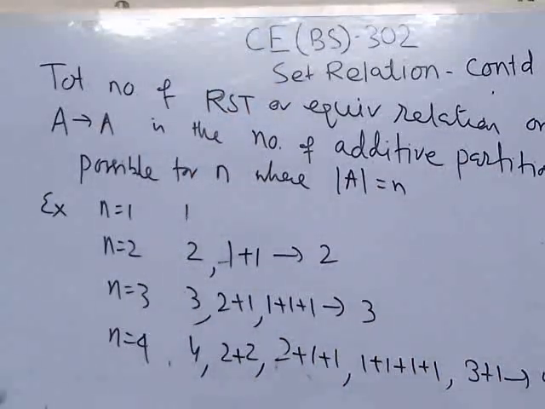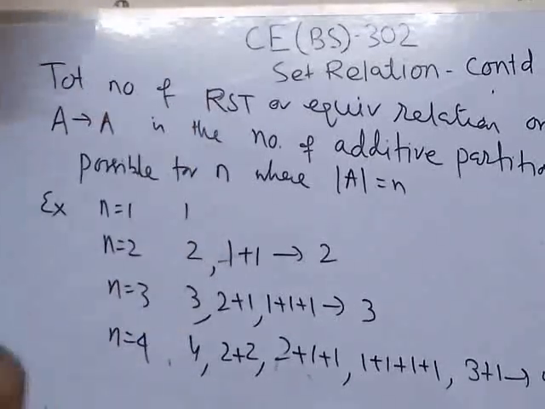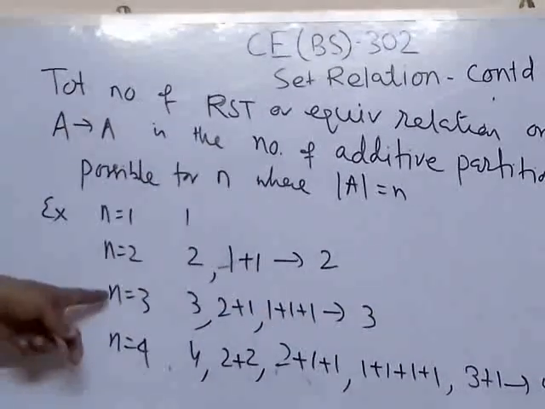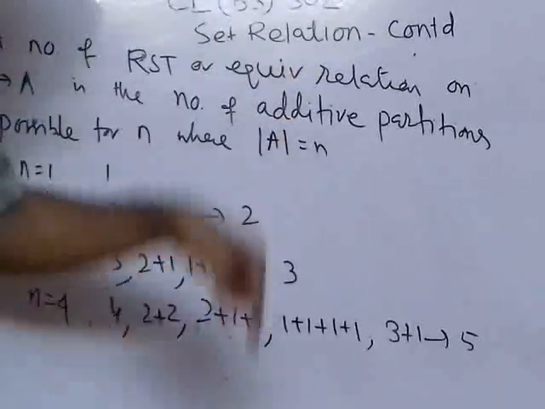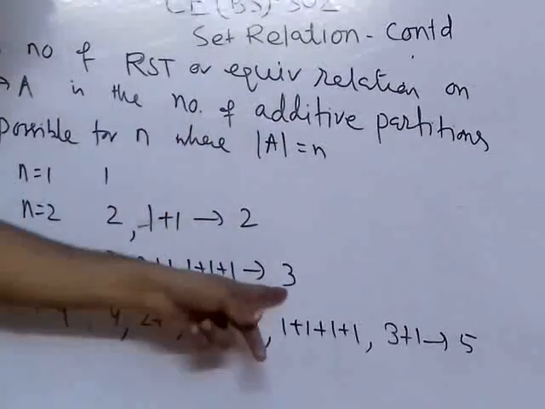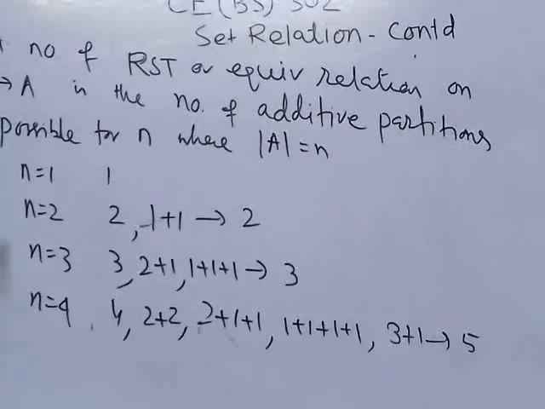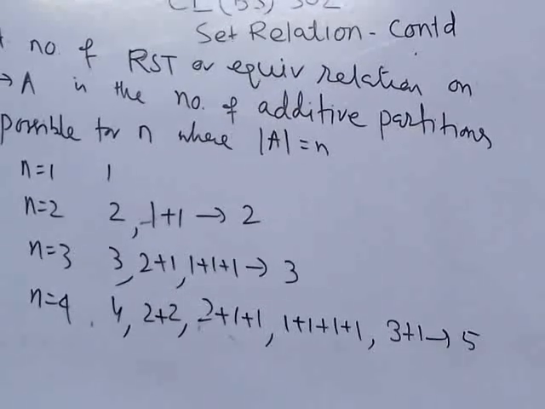So if the set has 4 elements, the number of equivalence relations possible is 5. If the set A has 3 elements, then the number of equivalence relations on A itself is 3. This way we can calculate the number of equivalence relations for a finite set having n elements.